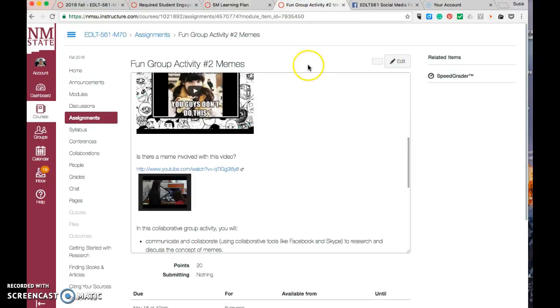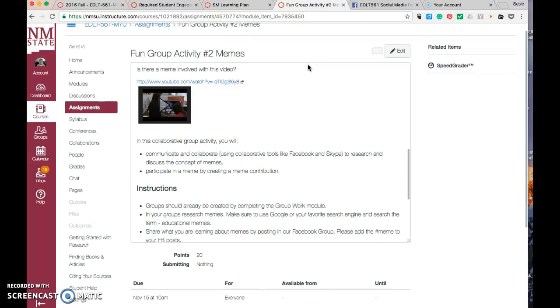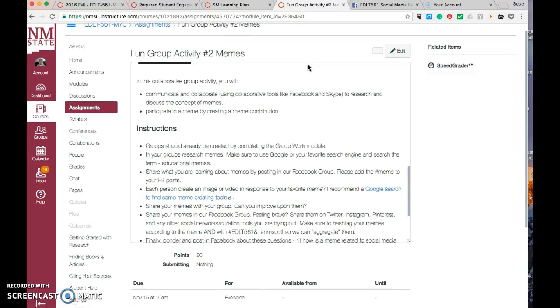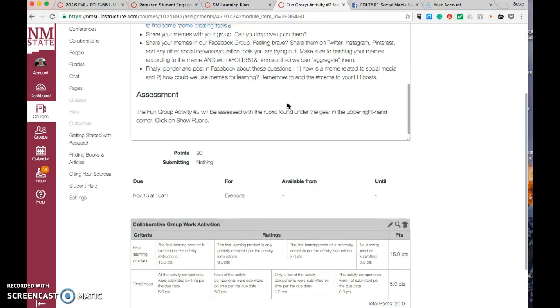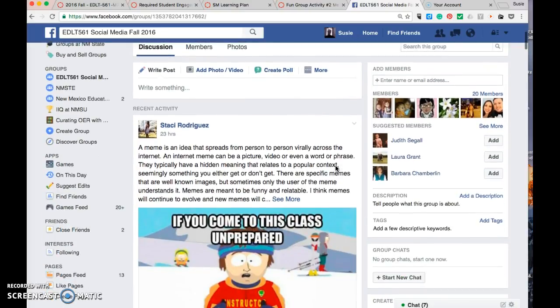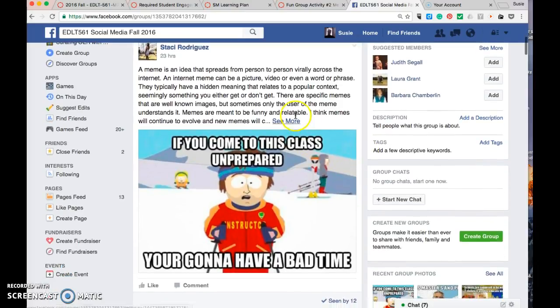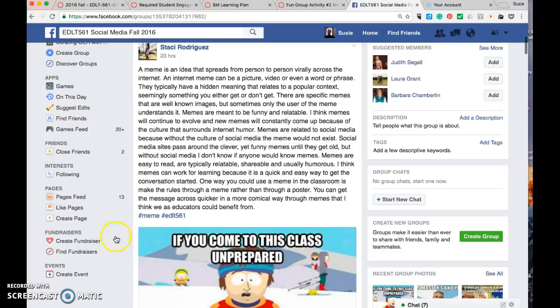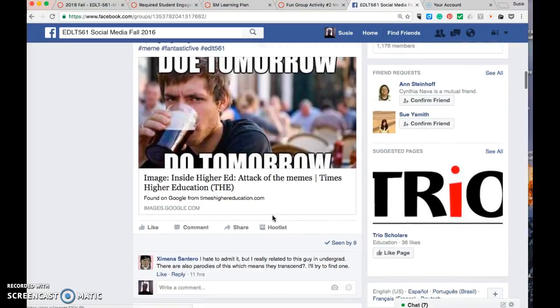The fun group activity number 2, memes and infographics, are due next Tuesday, and this discussion takes place in Facebook. So here's our Facebook group, and kudos to those of you who are already posting and hashtagging according to the directions, such as hashtag meme. And I see responses also.